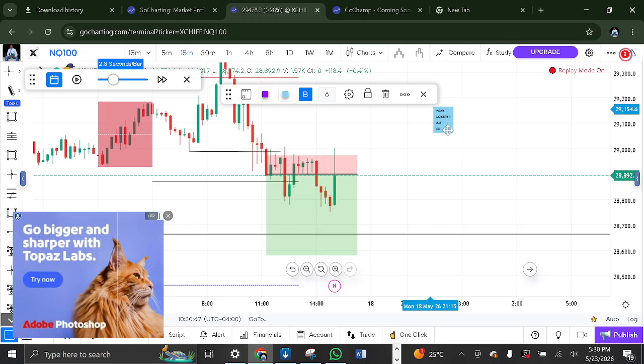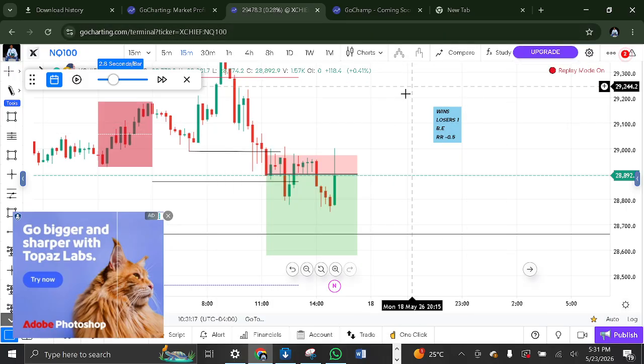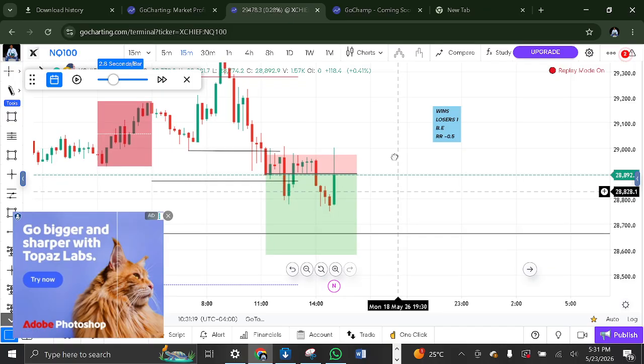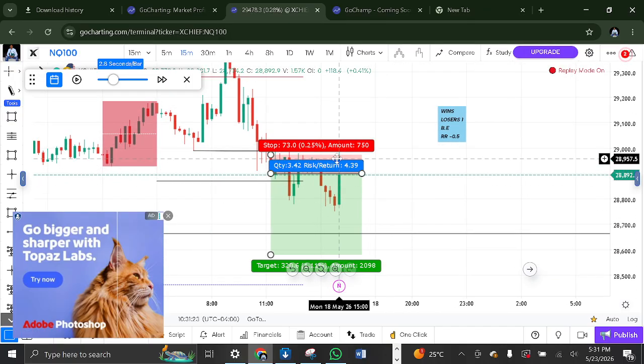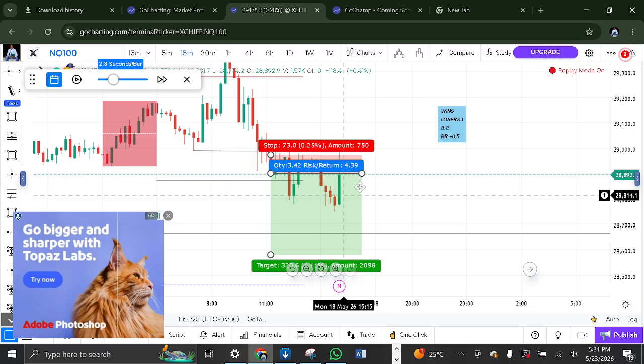So assuming that with that position, the RR is 0.5 RR, with the first position we have a 0.5 RR loser. So we have one loser, which is minus 0.5. Then the market retraced back to our level where we had our stop loss, and that's where we call it a day.